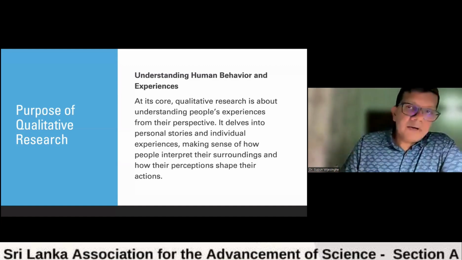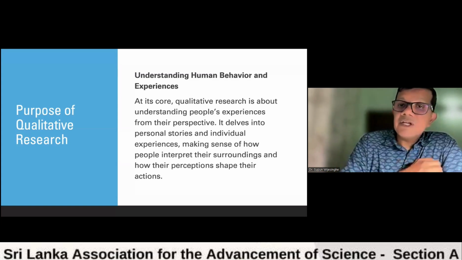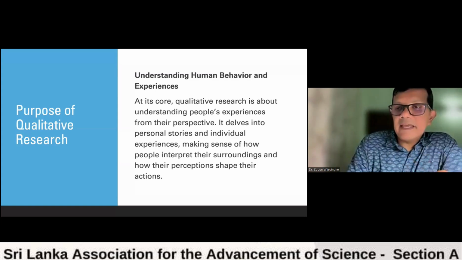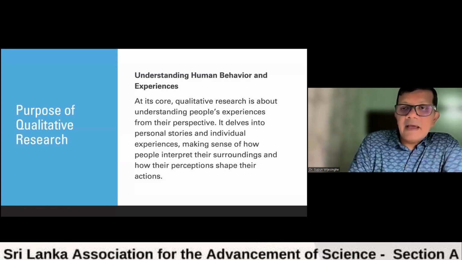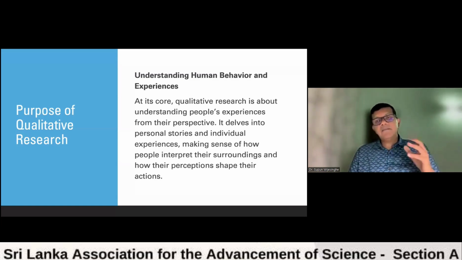The other most important aspect of qualitative research is understanding human behaviors, why people behave the way they behave in certain instances, certain phenomena, certain illnesses. For example, if you study a patient when they get a certain disease, the way they behave, or illness behaviors, are quite an important thing that we can study using qualitative research.